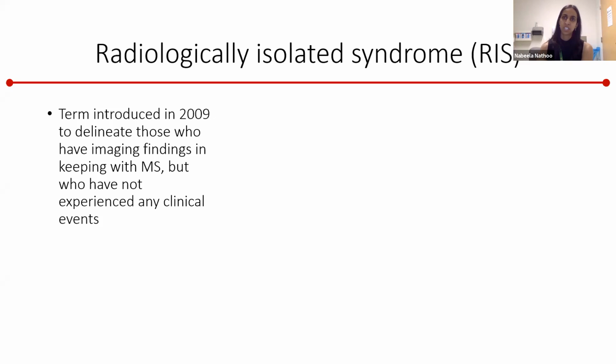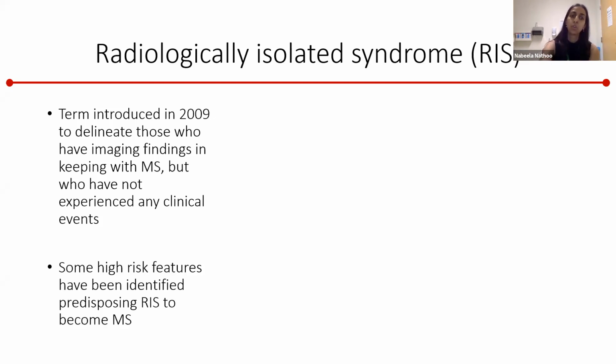And so there's very interesting research being done in this area around what high-risk features exist, both as patient characteristics and with the MRI, with respect to who will go on to develop MS. And there is a decent number of people who do go on to develop MS. My understanding is that the largest database of RIS patients is actually in Toronto with Dr. G1O. And I think that's become quite an interesting area clinically and imaging-wise.